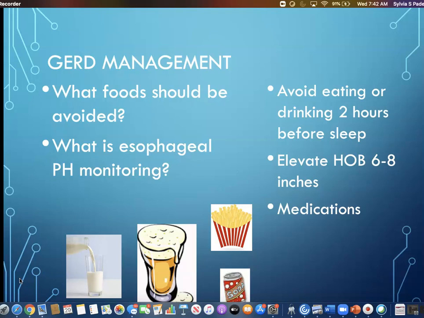There are many factors that are associated with a decrease in LES pressure that influence transient or chronic gastroesophageal reflux.